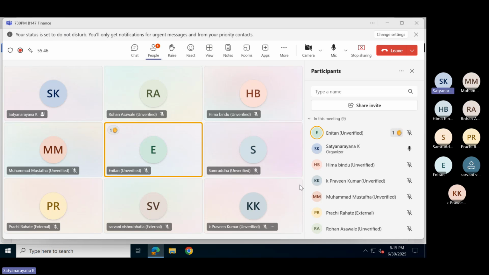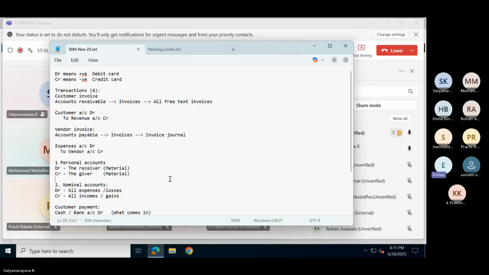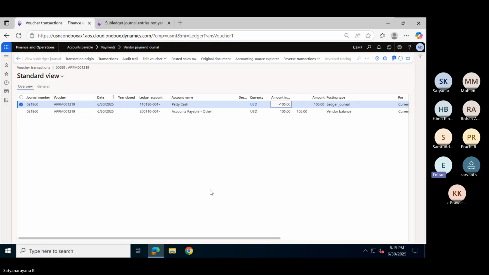Hi, thank you, Satya. Please, can you show the screen, the voucher, the transactions? When we're looking at this, the first transaction that says minus 105, so that means credit. So in this application, anytime we see minus, should we take that as a credit?